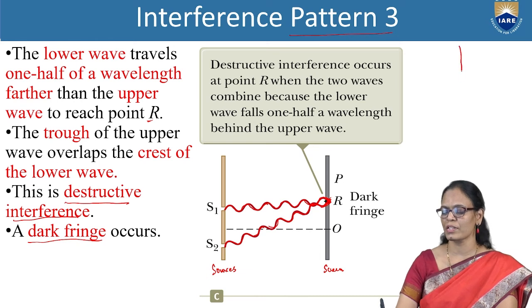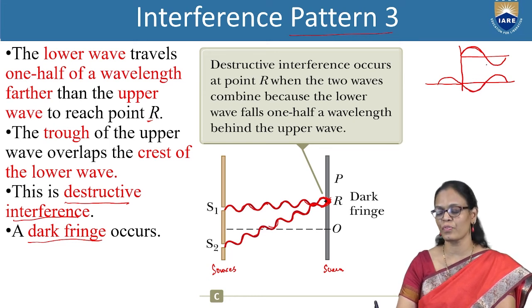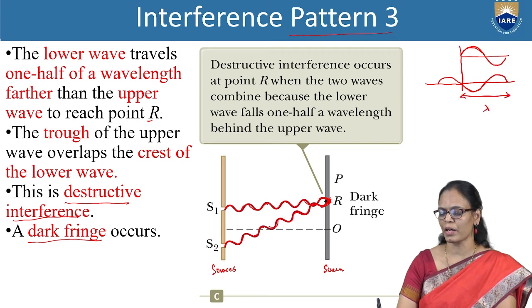So what we try to understand here is, if this is the first wave and if you see the second wave has started here and it is going like this, means this is the crest, this is the trough. Then what happens? There is a difference in wavelength. If you consider this is lambda, so this is half the wavelength, that is lambda by 2.